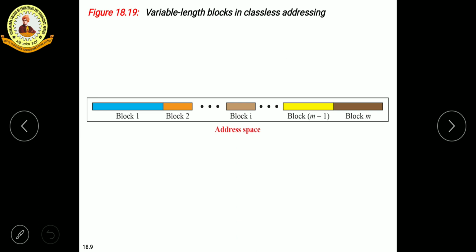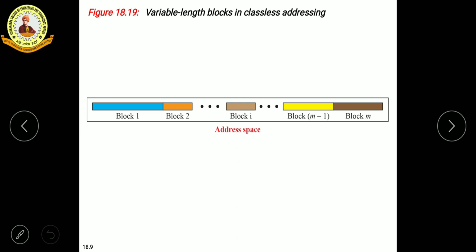Unlike classful addressing, the prefix length in classless addressing is always variable. We can have a prefix length that ranges from 0 to 32, that is, no suffix at all. The size of the network is inversely proportional to the length of the prefix. A small prefix means a larger network, and a large prefix means a smaller network. Do you understand that? A small prefix means a larger network.